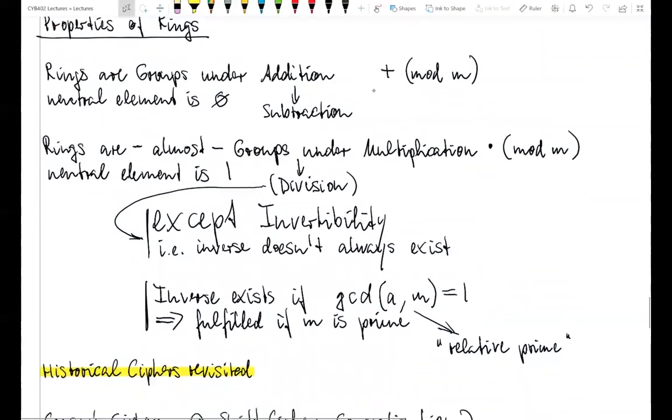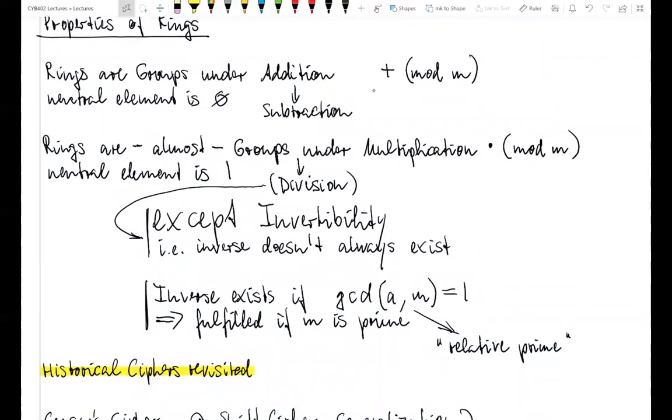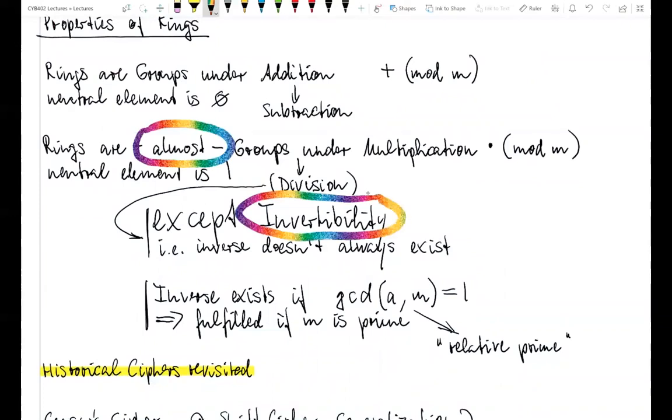Obviously, the multiplication works. But I said rings are almost groups under multiplication. So why is that? The reason is that invertibility is violated. So we don't really have a group under multiplication.